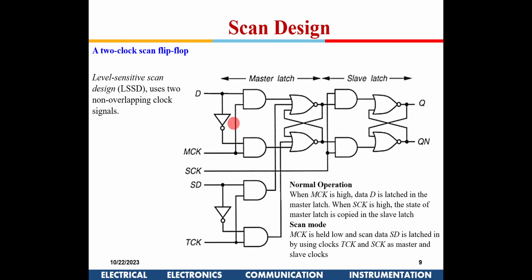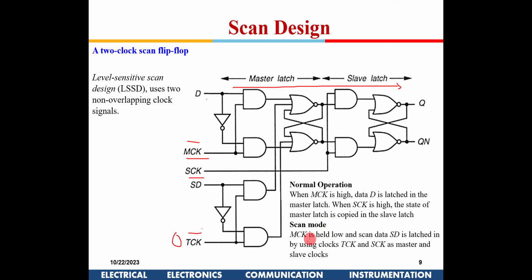So you could have this configuration also, where they are in parallel. Here this is the master clock, this is the slave clock, and this is the test control. If you have this high and the test control low, this will be isolated, then D will be sent, and this will work as normal.